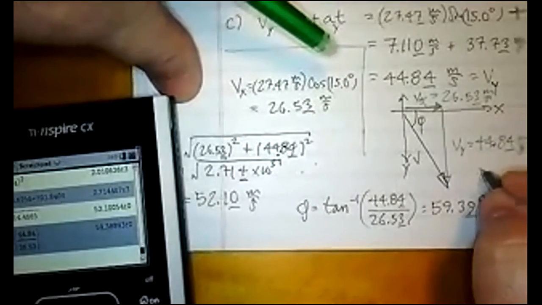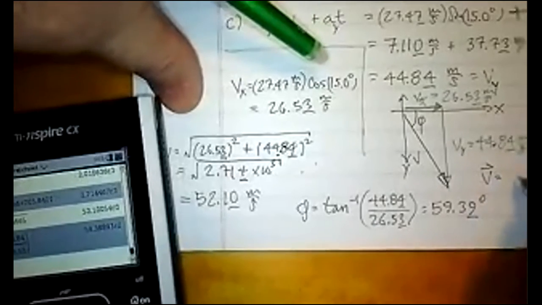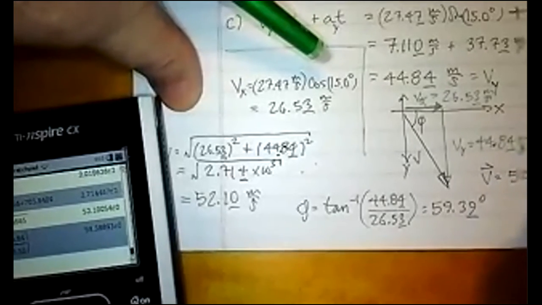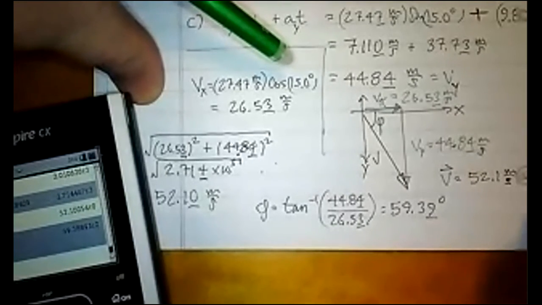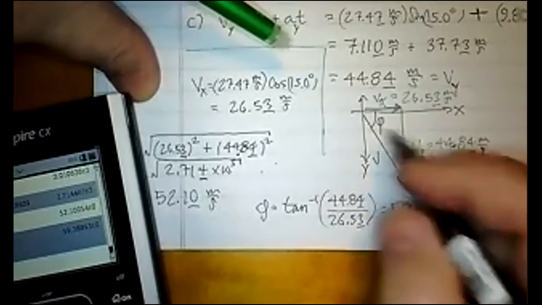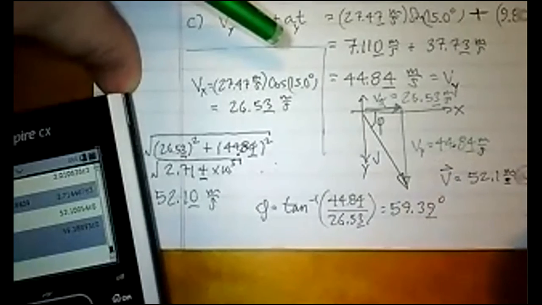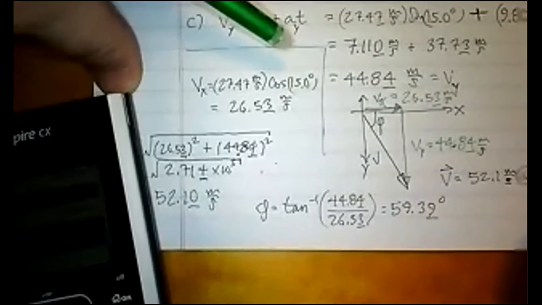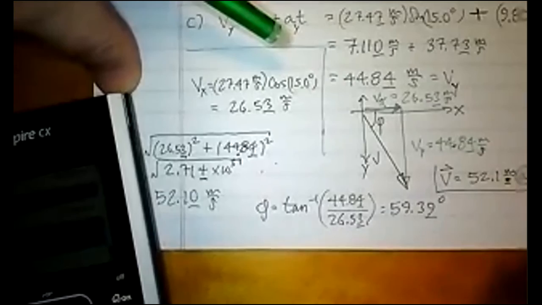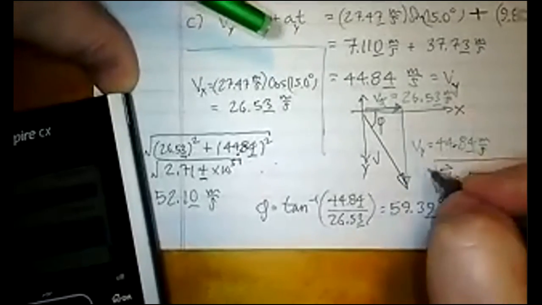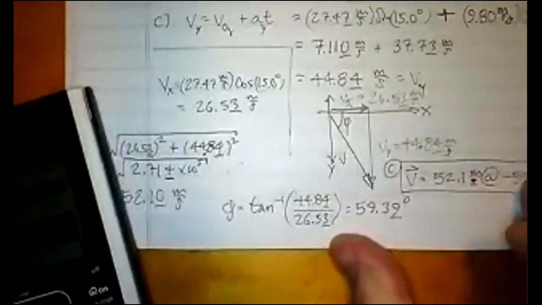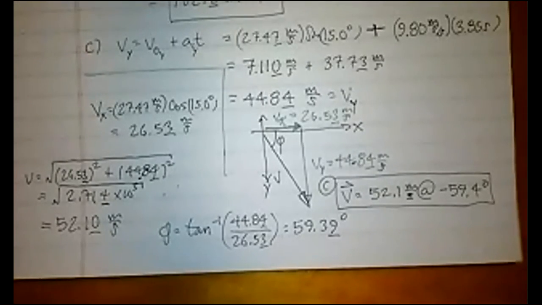So V is actually equal to 52.1 meters per second at, you could just measure downward from the, in other words, clockwise from the positive x-axis. You could just call this negative 59.4 degrees. And that is the complete answer for part C. So 59.4 degrees with a magnitude of 52.1 meters per second to the proper number of sig figs.